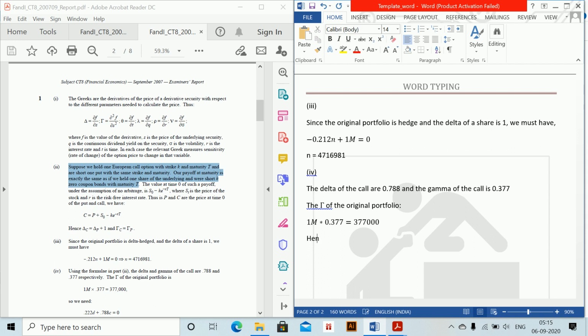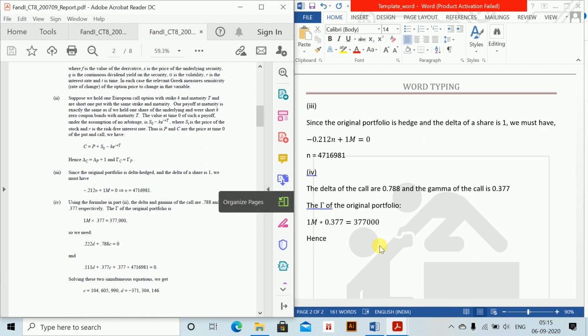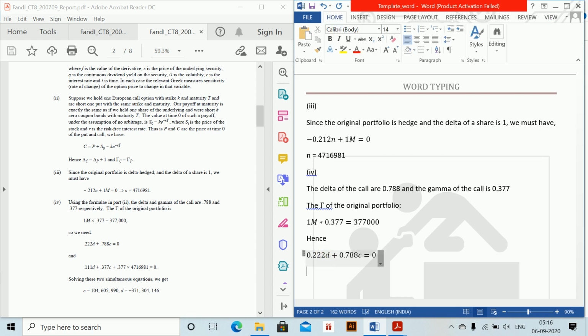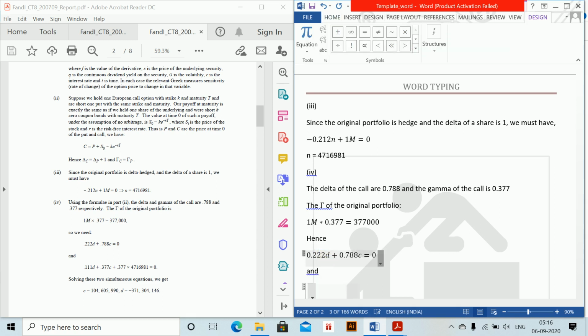Hence 0.222 D plus 0.788 C is equal to 0, and 0.111 D plus 0.377 C plus 0.3772 times 4716981 is equal to 0.